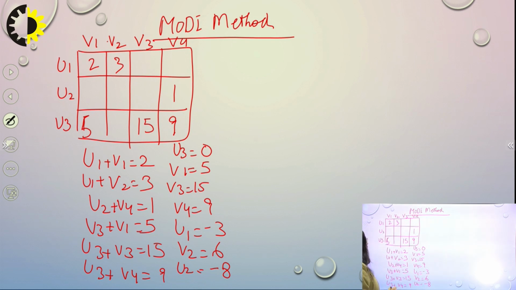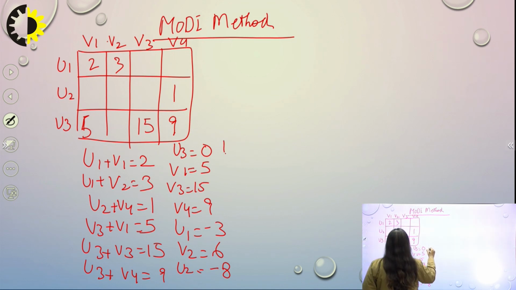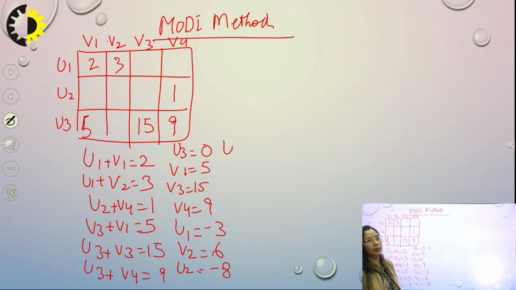In this way, we have found all the variables in the equations. Anything left? U3 is given. So, we have all the variables available with us.